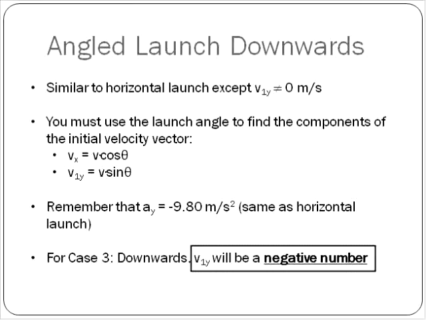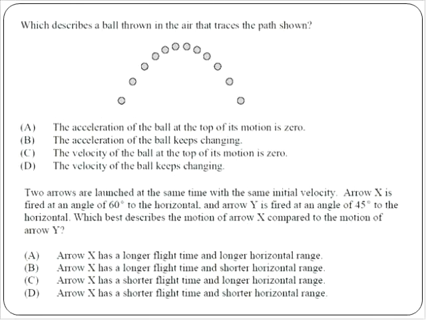Let's move on and take a look at some general projectile motion multiple choice questions. In the first one at the top of your screen, you see a ball thrown in the air and it traces the path shown. In other words, it follows a parabolic path.